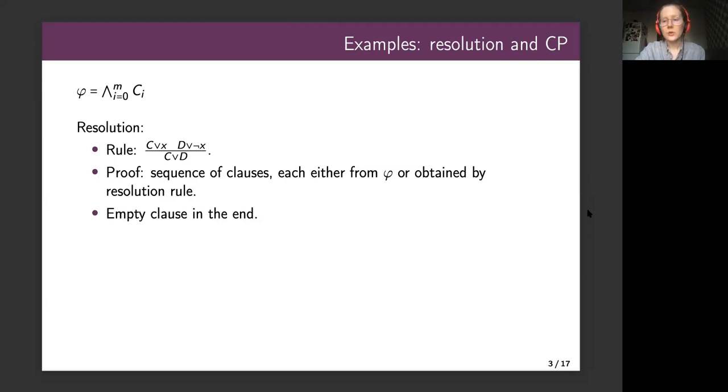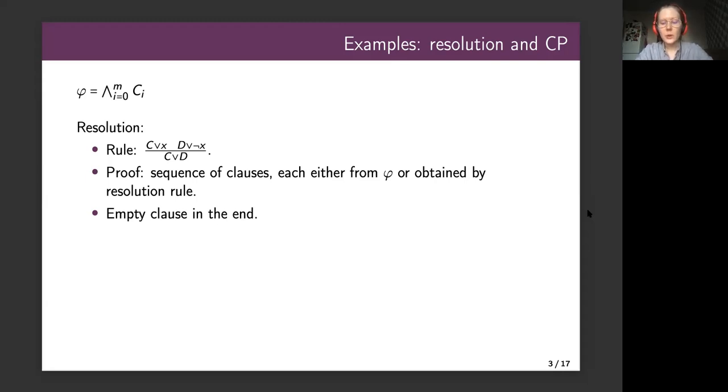If we have two clauses of the form C or x and D or not x, we can derive from those two clauses a new clause, C or D. In resolution, a proof of unsatisfiability of a formula phi is just a sequence of clauses where each clause is either from our original formula or is obtained by applying this resolution rule to clauses with lesser numbers.